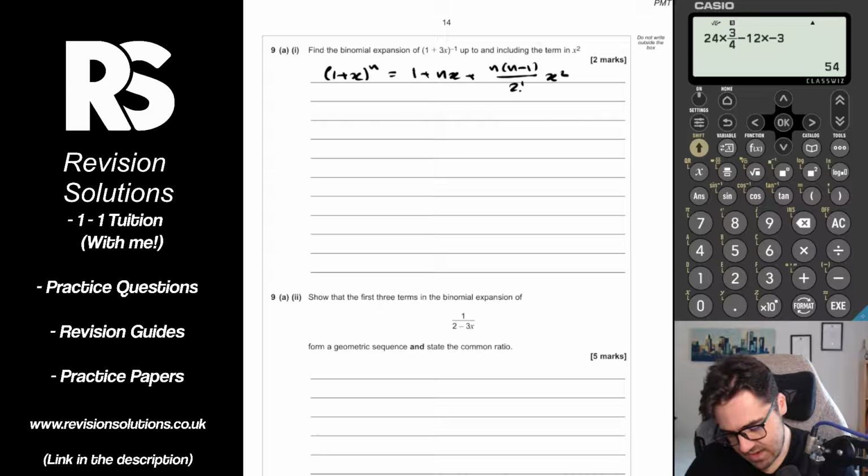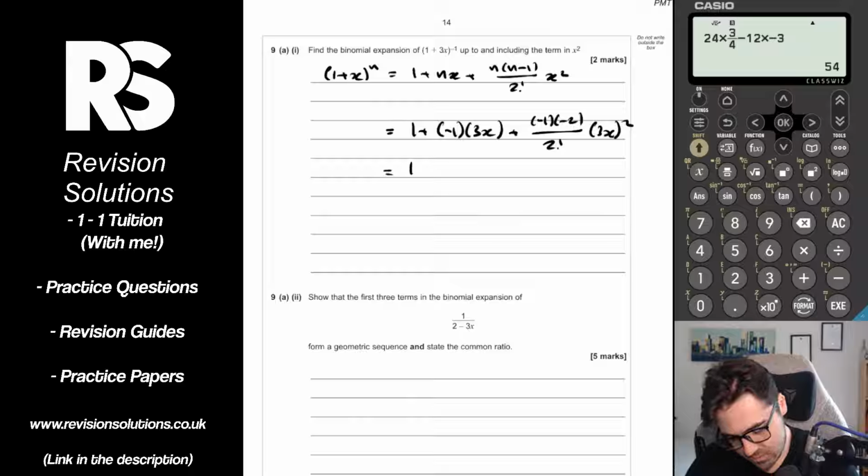And then for us, n is minus 1, and the x is really 3x. So it's 1 plus minus 1 times 3x, then plus minus 1 times minus 2 over 2 factorial times 3x all squared.